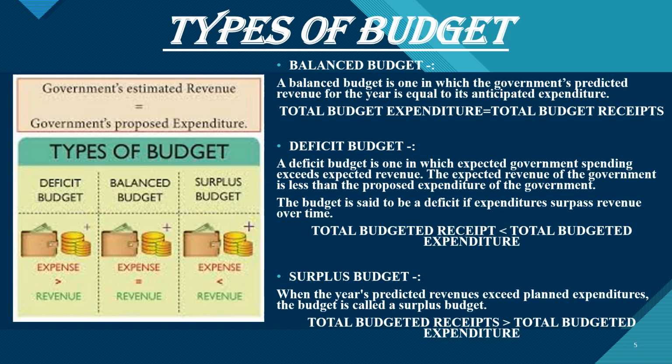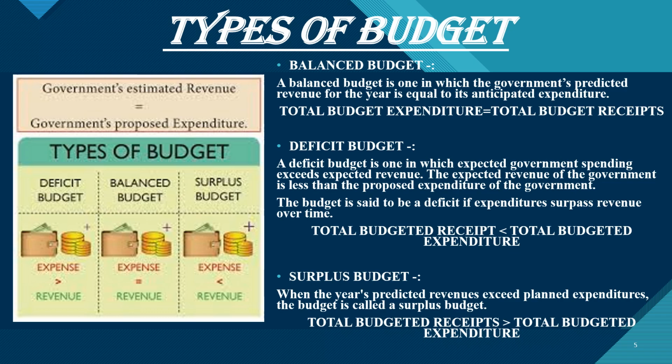It is the budget in which the expected government spending exceeds the expected revenue of the government. That is, the expected revenue of the government is less than the proposed expenditure, and the budget is said to be deficit if the expenditure surpasses the revenue over time. That is, the total budgeted receipts are less than the total budgeted expenditure.